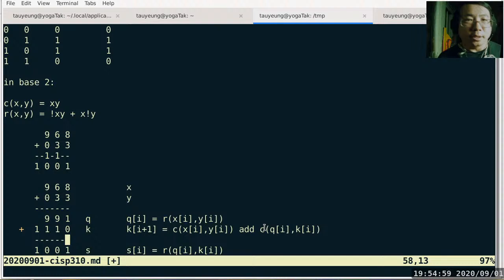Okay, excellent. So do you think the relationships between x, y, q, k, s would change because we decide to change our base from 10 to 2? In other words, is anything that we see here specific to base 10? Absolutely not. Very good.